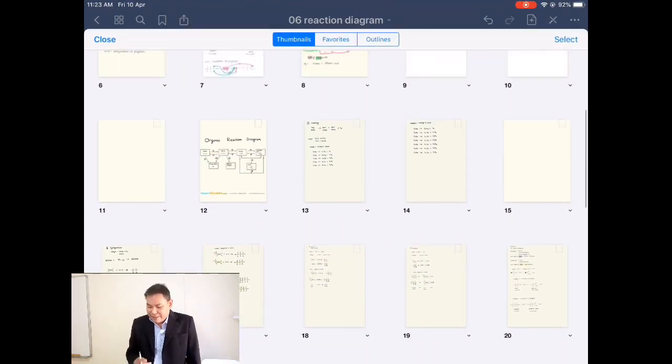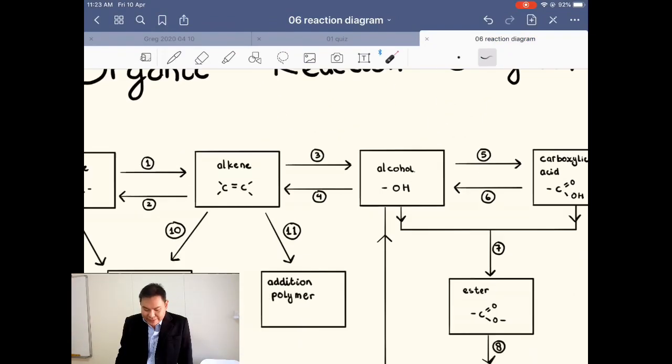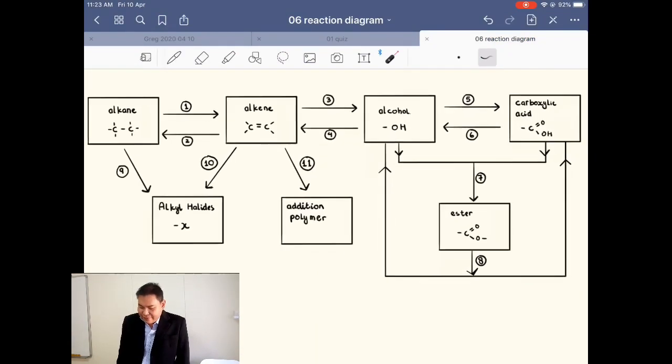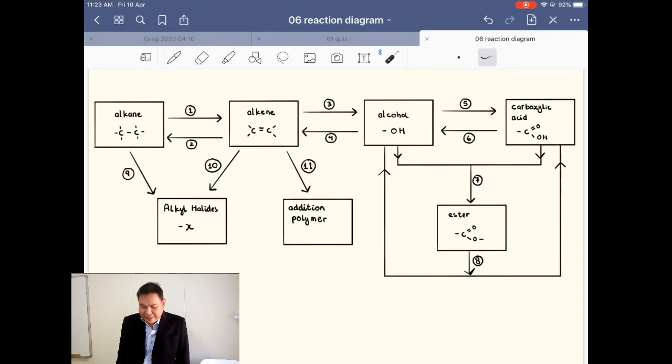We revise very quickly. We have 11 reactions. Reaction number 1 here. Remember what is the name? Cracking. Catalyst is Al2O3 and SiO2. Reaction number 2 is hydrogenation. Catalyst is nickel. Temperature 150 degrees Celsius.